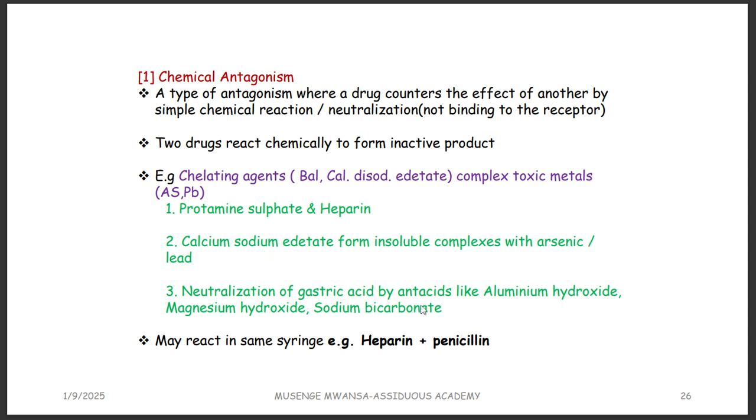And also, when you give an antacid, for example aluminum hydroxide, magnesium hydroxide, or sodium bicarbonate, these are going to simply react with the acid in the stomach, and that will be able to prevent its action.